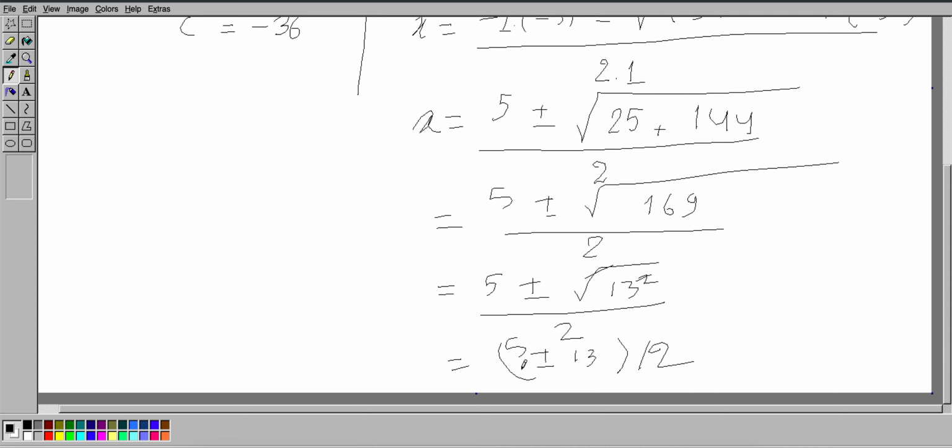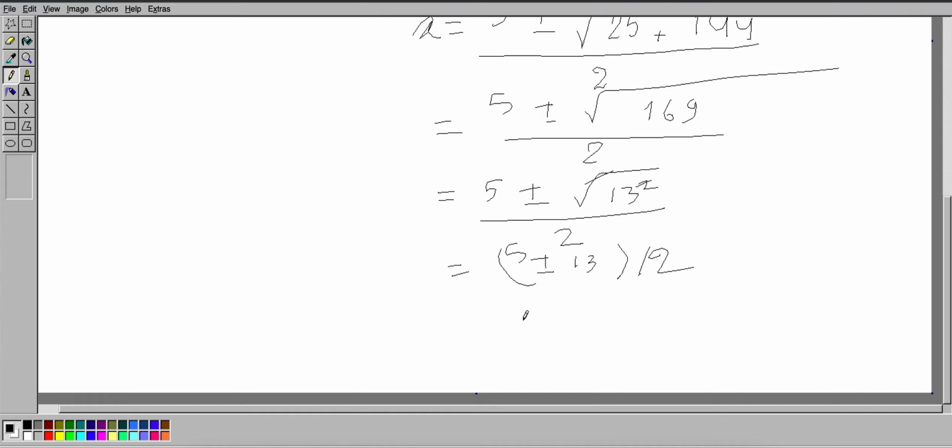So if we solve this, what will be the two roots?